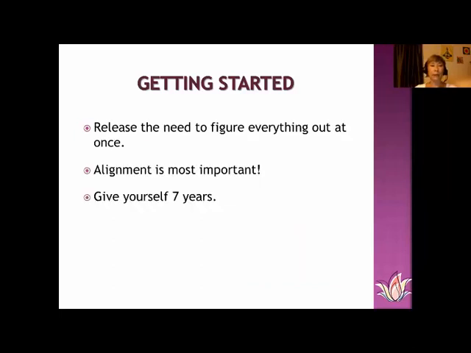So then, once you get the keynotes down, you have an overview of what the energy centers mean. You need to release the need to figure everything out at once. The thing that you need to get down first is your own alignment. And that's in understanding your type, your strategy, and your authority.